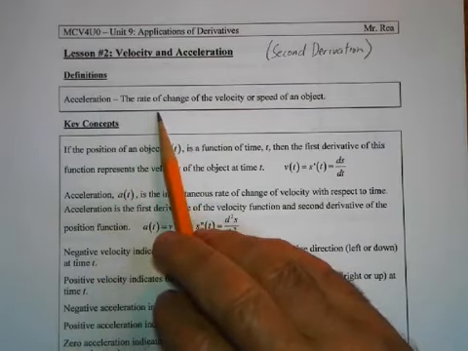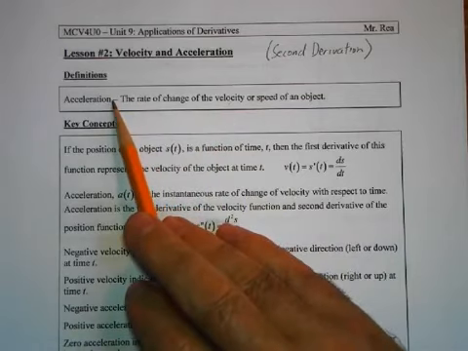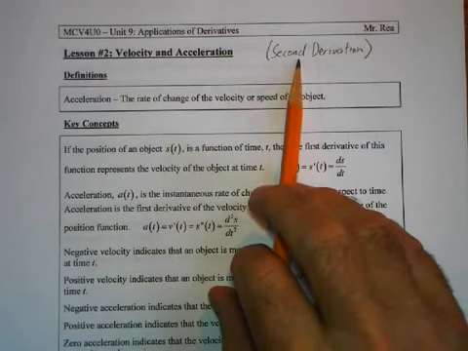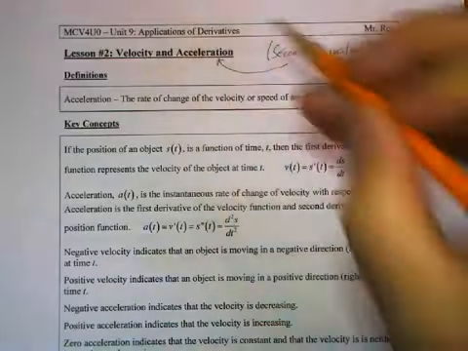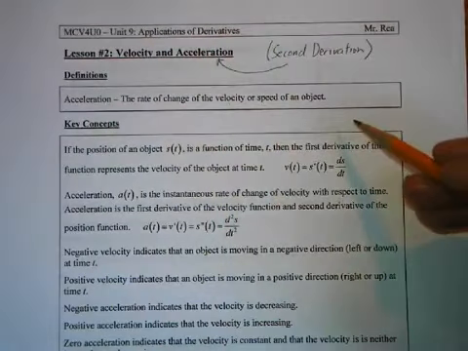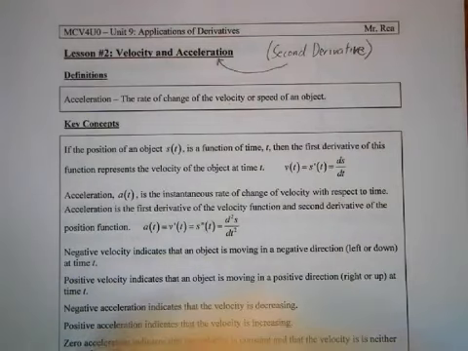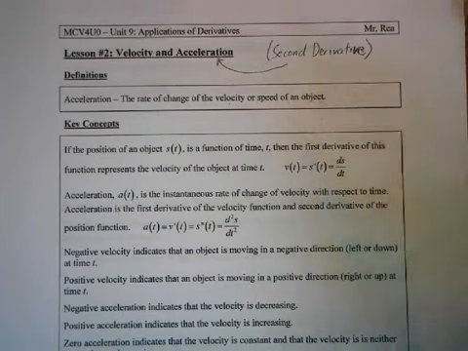Acceleration is the rate of change of the velocity of the object. So acceleration is like a rate of change of a rate of change. In this context, the acceleration is the second derivative of the position equation or the distance equation.